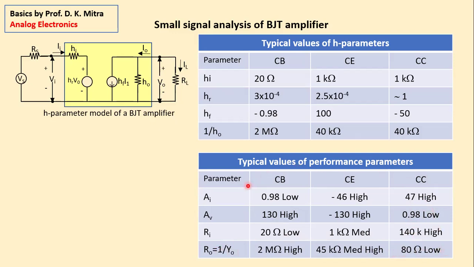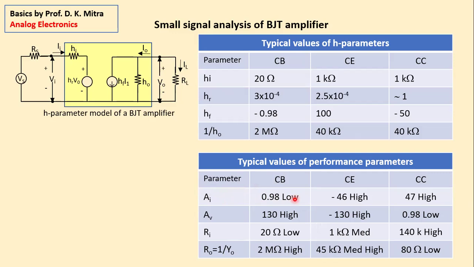So these are typical values. Mind it, these are not the values of your transistor or your amplifier. These are typical values, just to give you an idea of what the expected value should be. For example, common base current gain is 0.98. But if you design and calculate and find a value of 98, then you know there is something wrong.